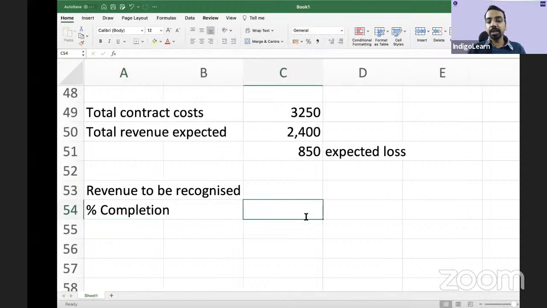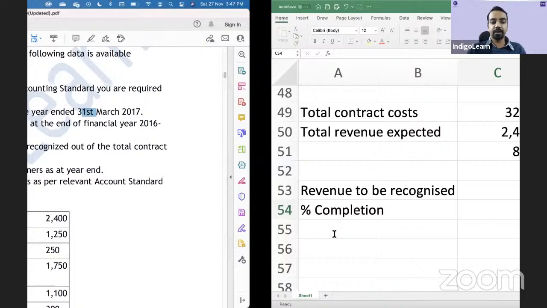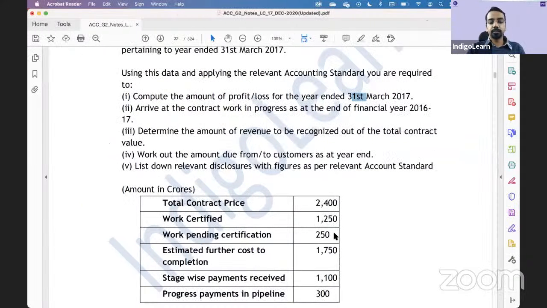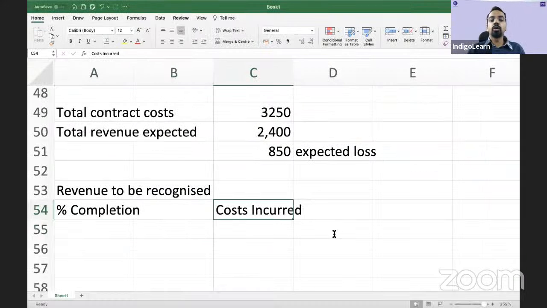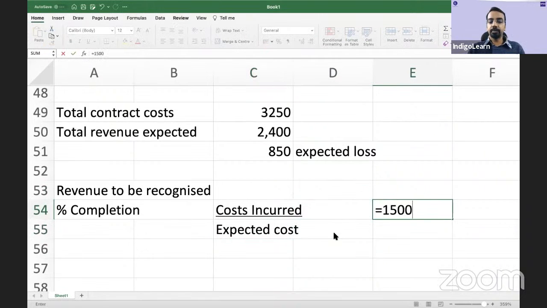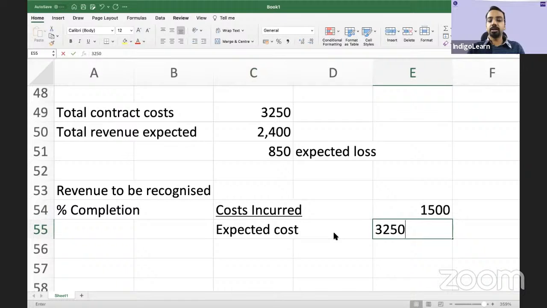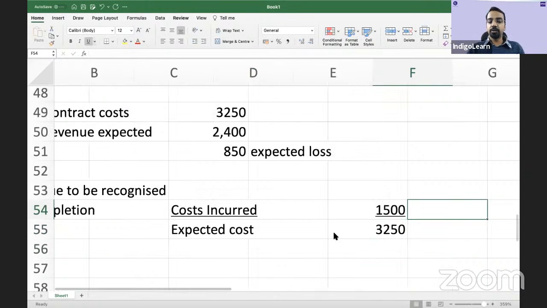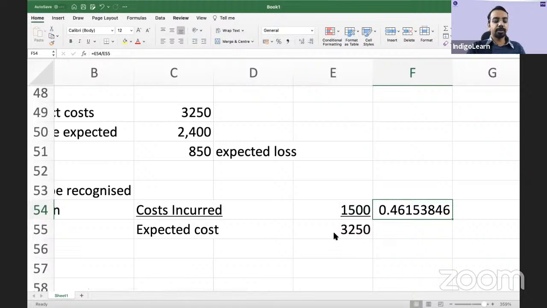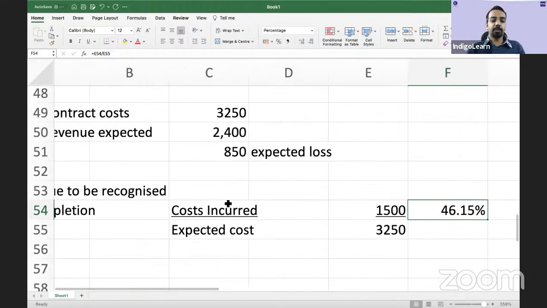Total cost incurred is 1250 plus 250, 1500, and total expected cost is 3250. So 1500 is the numerator, 3250 is the denominator. If you do this, you get 1500 divided by 3250, 46.15%. This is the percentage completion.